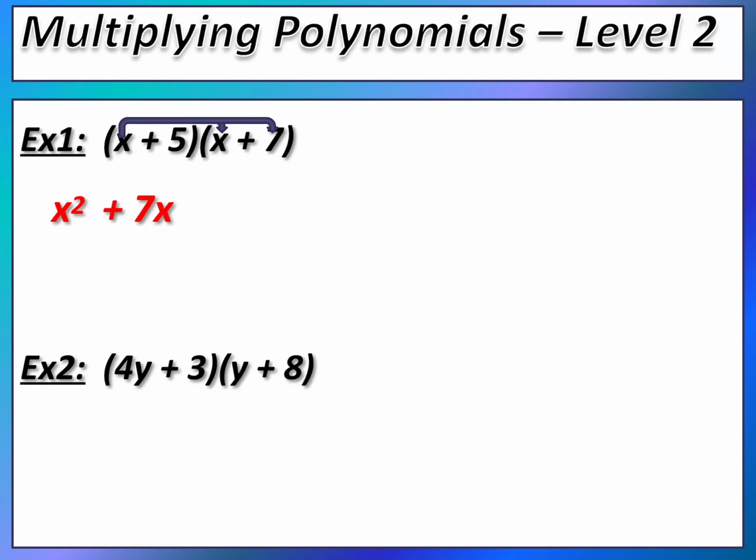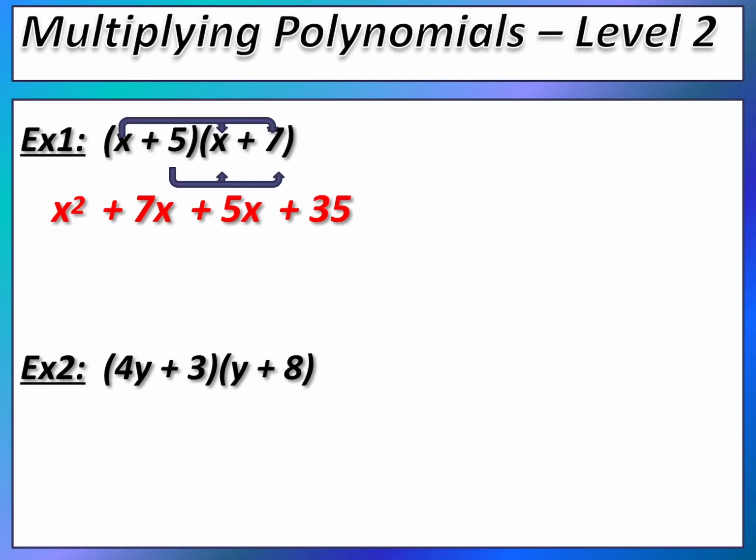And that is plus 7x. Inner are the two inside terms from the entire problem. That's 5 times x, which is plus 5x. And then last is the last term in each parenthesis, 5 times 7, which is 35.